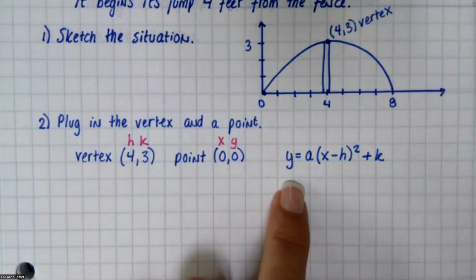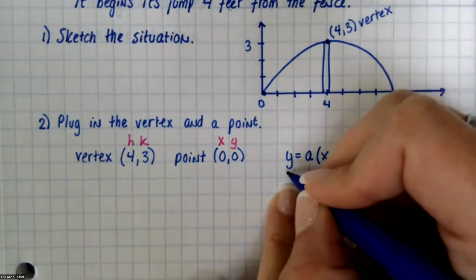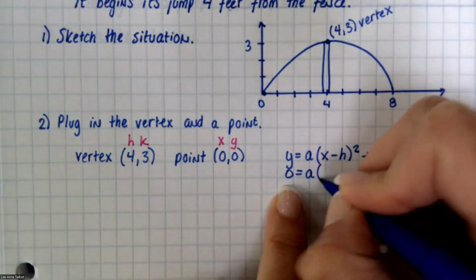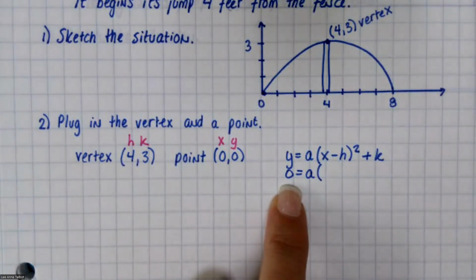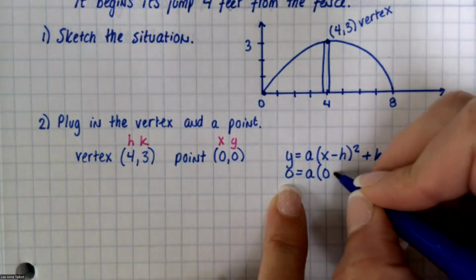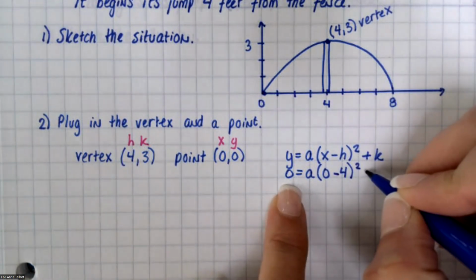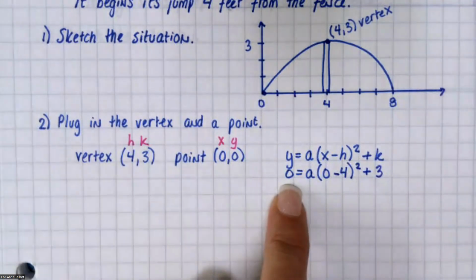So Y, what number is Y? 0 equals A. A is what I'm going to solve for. What's X? 0. H is 4 squared. K is 3.